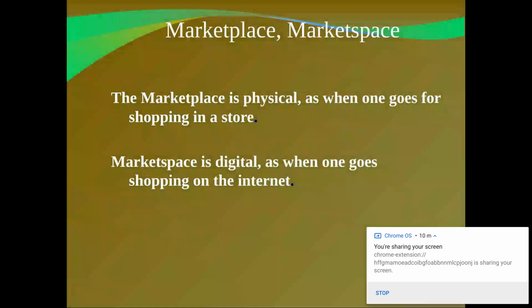Just take an example: if you are visiting a shop or a mall in your suburban area or in your city, we are talking about marketplace. But when you are browsing a website on your smartphone, maybe of Flipkart or Amazon or any e-commerce platform, we are talking about market space. So market space is digital.